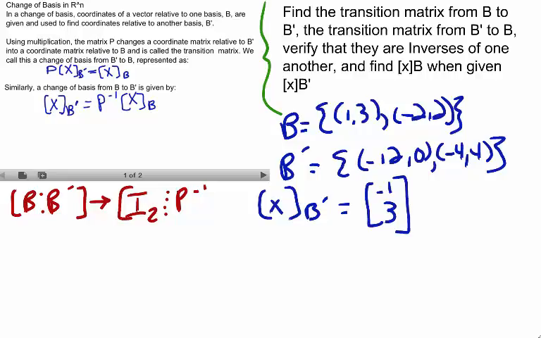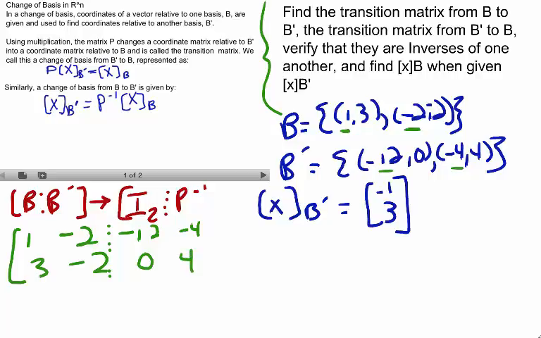We'll set up our B to B', which, coming from our given information, is 1, negative 2, and 3, negative 2. B' is negative 12, negative 4, 0, and 4.